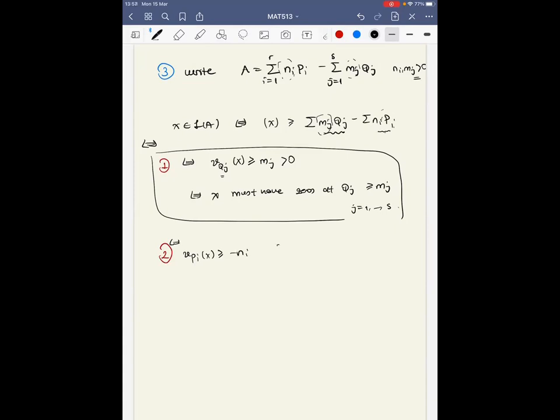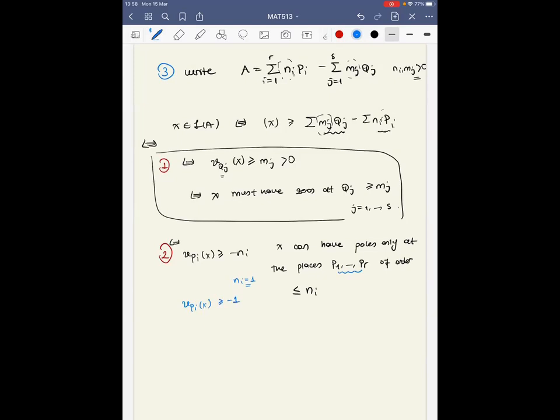So in this case, we will observe that x can have poles only at the places P1 up to Pr of order at most n_i. Because, for instance, if you choose n_i equal to 1, that means v_{p_i} for a fixed i, when i runs from 1 to r.